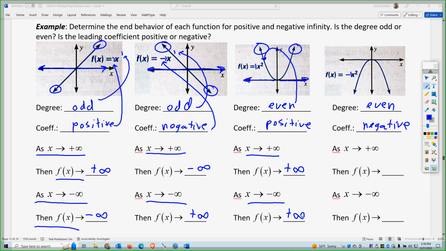So an even function with a positive coefficient always goes up, which makes sense. And no matter what direction I go with x here, the function goes down. So an even powered function with a negative coefficient always goes down as far as the function values for the end behavior, right?